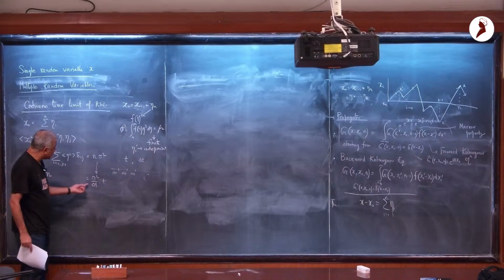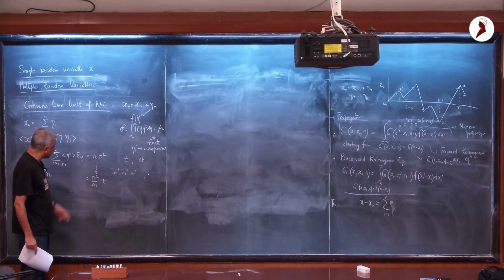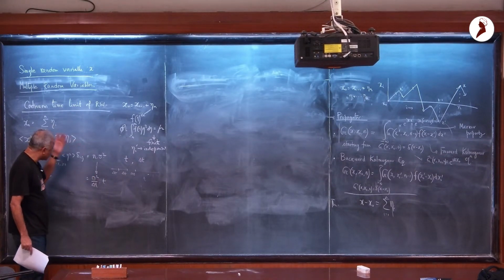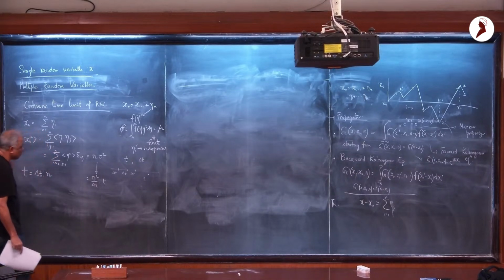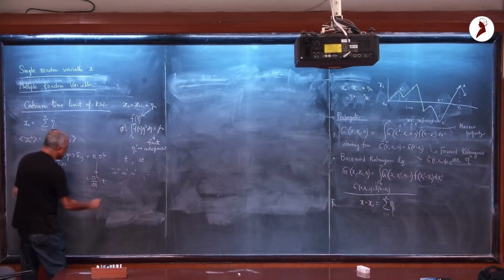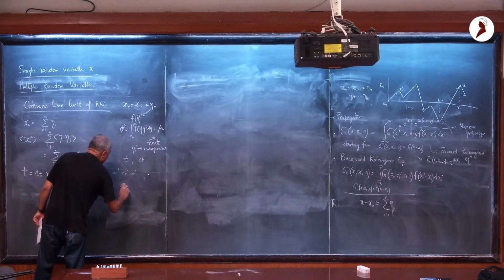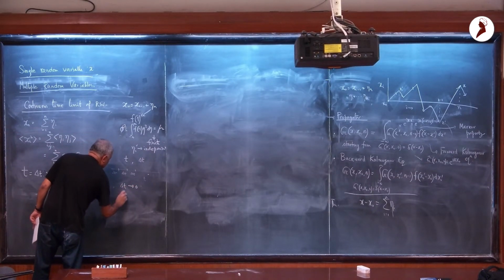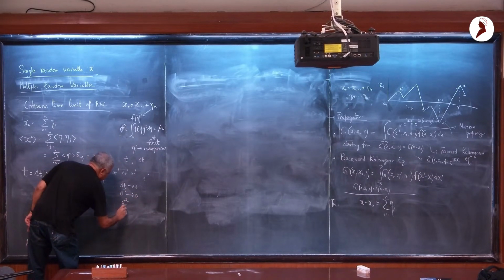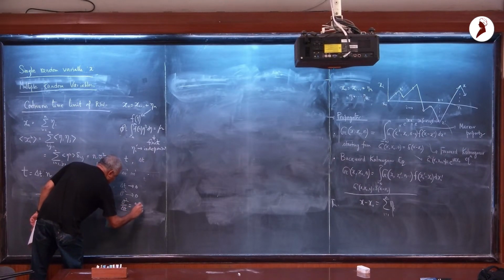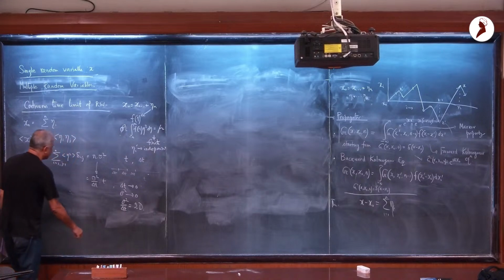Now if I take the delta t goes to 0 limit, keeping sigma finite, then clearly this is going to diverge. It makes no sense. To have a proper continuum limit, I must take delta t goes to 0, but sigma squared also going to 0, such that their ratio remains fixed. And this ratio is what we write down as 2D.